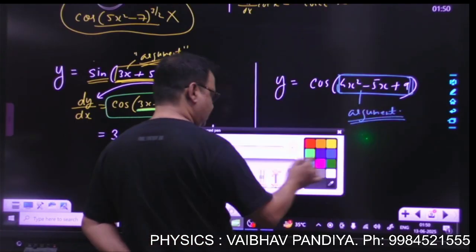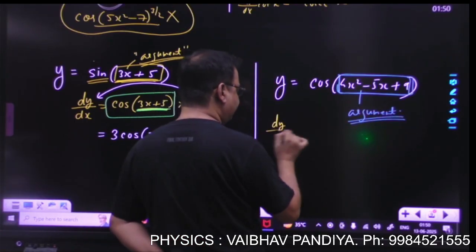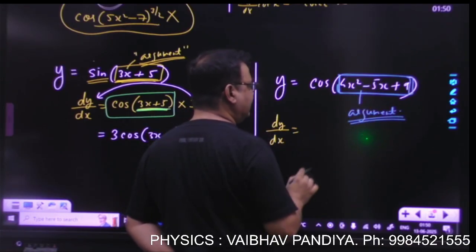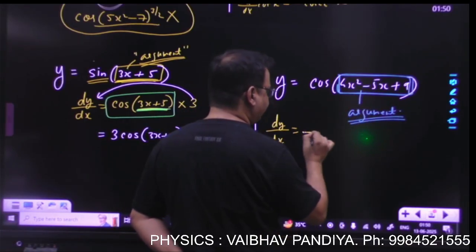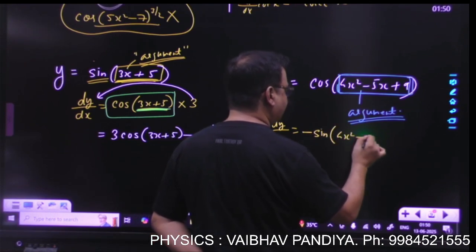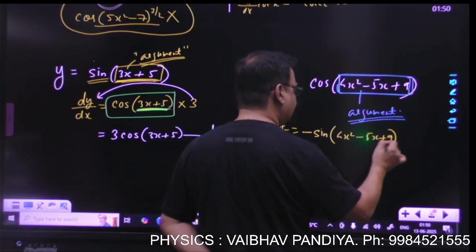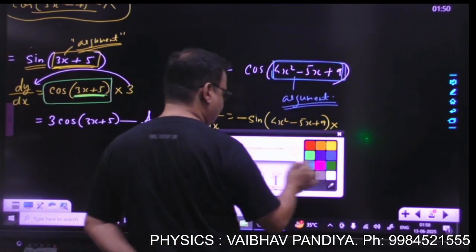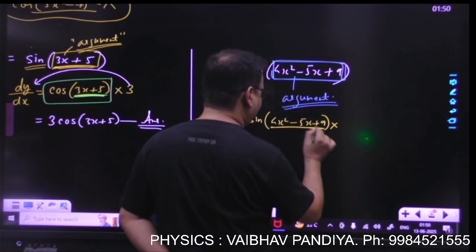So this is the argument. So dy by dx, we will apply the rule. We will differentiate the function treating the argument as a single quantity. So the derivative of cos is minus sine. Copy the argument 4x square minus 5x plus 9. Now you have to form the chain with what? The derivative of the argument.